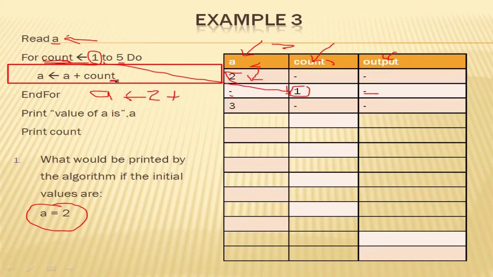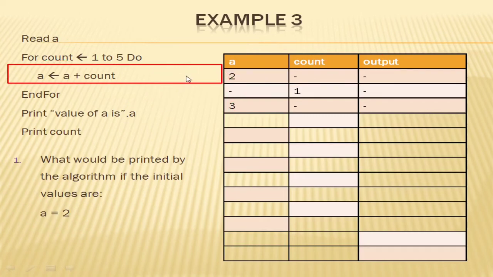What is the last value of count? The last value of count is 1, so plus 1, and this would be equal to 3, hence we have 3 here underneath the A column. Cool. So now that we have the third row, we're going to move one more step.